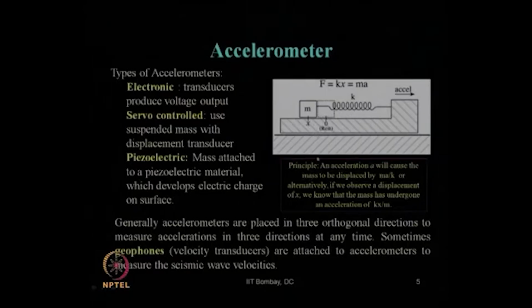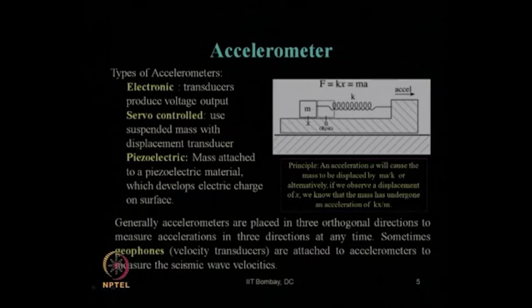So, that is the principle. Either knowing this displacement x, we can convert it to the acceleration, that is k x by m, or by knowing the acceleration you can convert it to the displacement by which it has moved, that is m a by k.